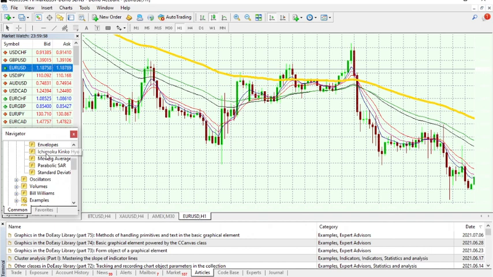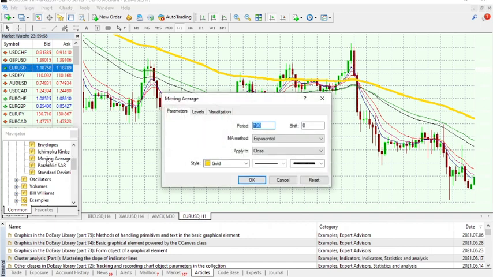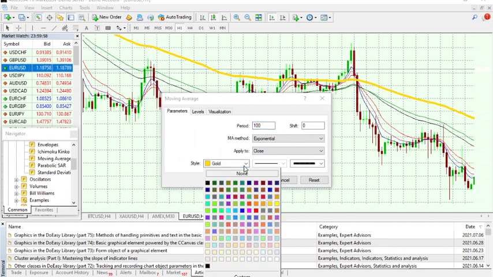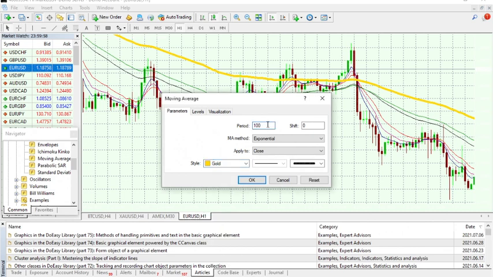Okay, double click on the moving average again. Now let's get to the last longer term moving average, which is the 200 moving average. 200 exponential moving average, which is the longer term.